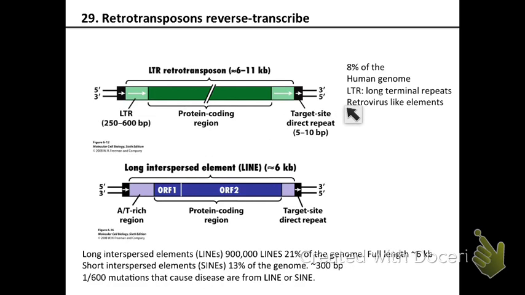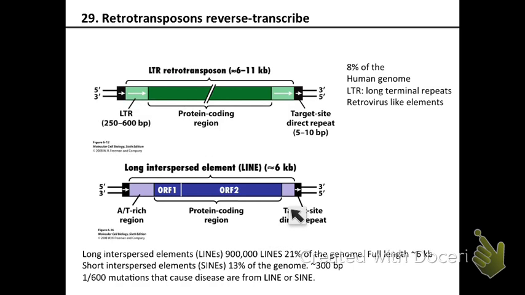So they're retrovirus-like elements. Another retrotransposon that is very abundant in our genome is called long interspersed elements. These are called LINEs. There are about 900,000 copies of them, making up 21% of our genome. The full-length LINEs are about 6 kb long, but many of these thousands of LINEs are a lot shorter than that.